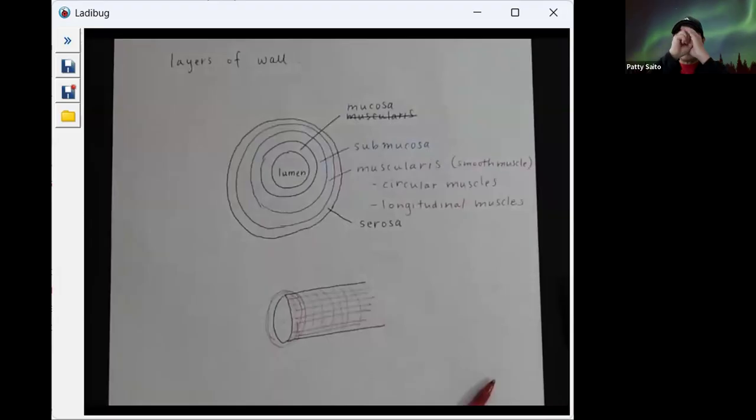You have circular muscles that squeeze the food along, and then you have longitudinal that push it along. So we have contractions of this and this occurring in a very organized way. They call it peristalsis, this rhythmic contraction of these smooth muscles that squeeze the material along.